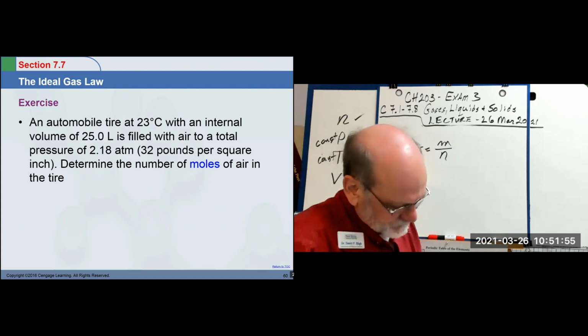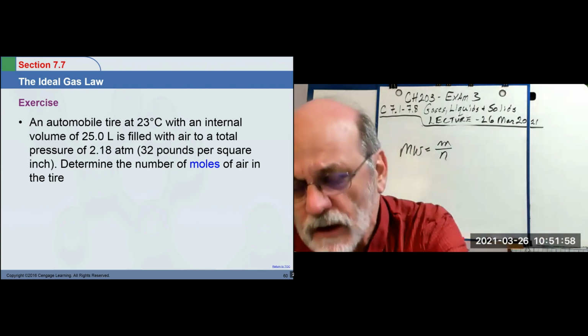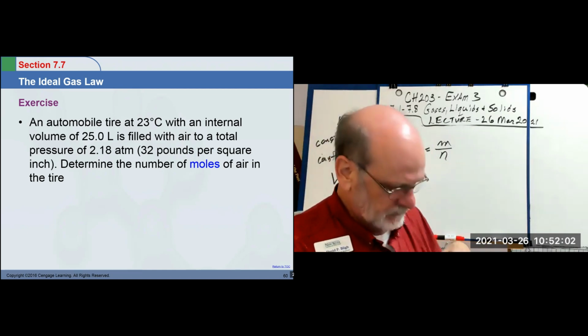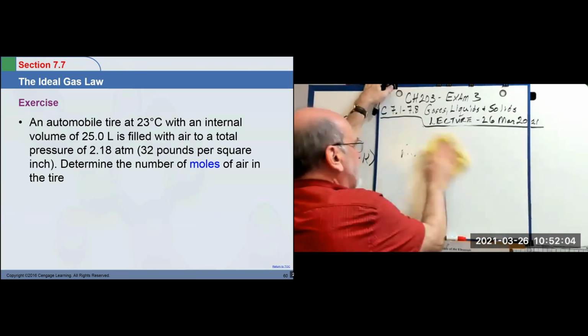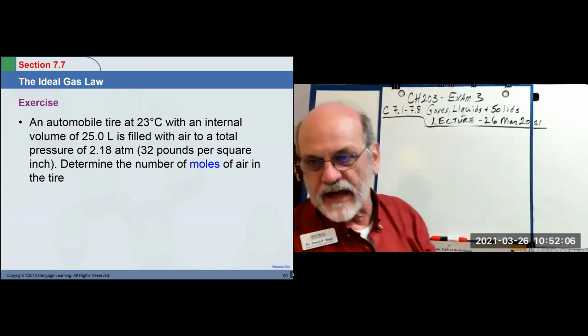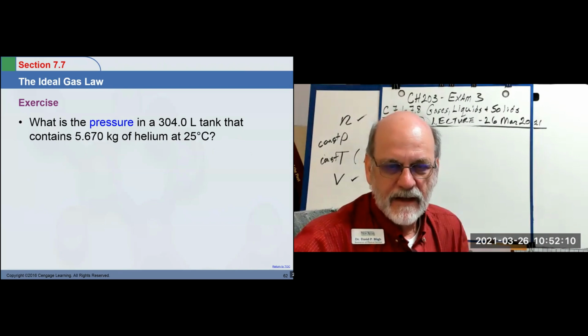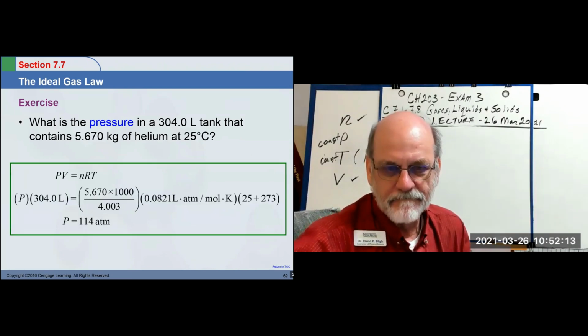Not in this class. We do molecular weight, but we do it by titration of an acid. Okay, that's a practical application. Let's see.